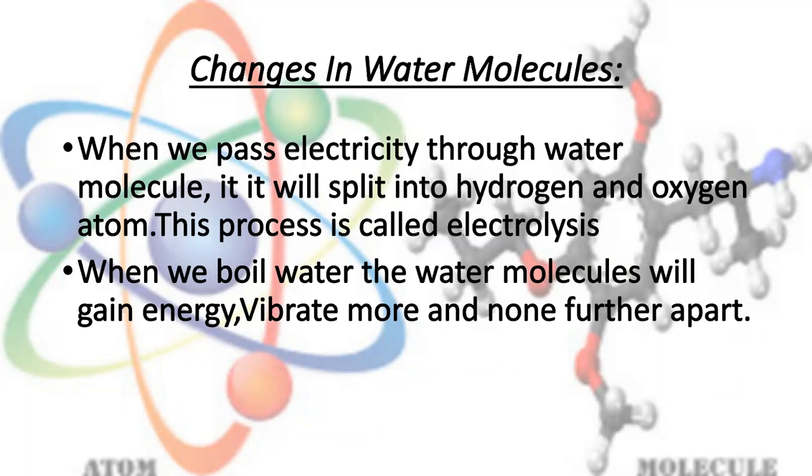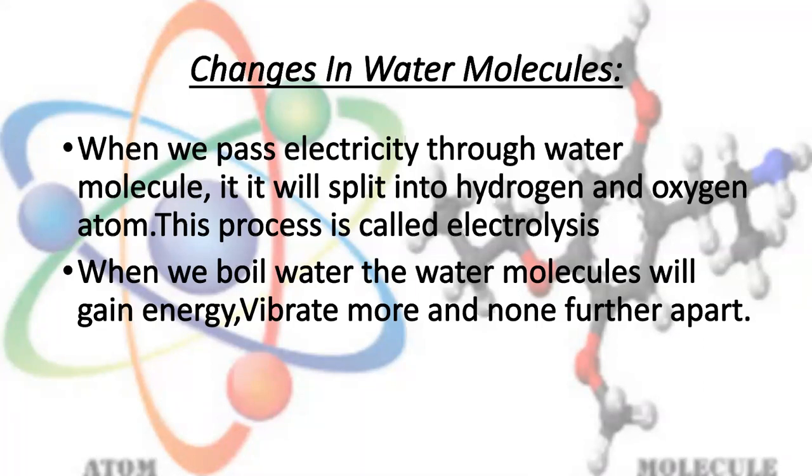What changes occur when we pass electricity through a water molecule or when we boil water? Right? What kind of changes occur in the water molecule? When we pass electricity through a water molecule, it will split into hydrogen and oxygen atoms. This process is called electrolysis.